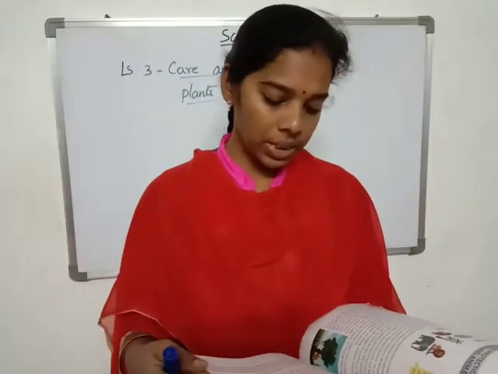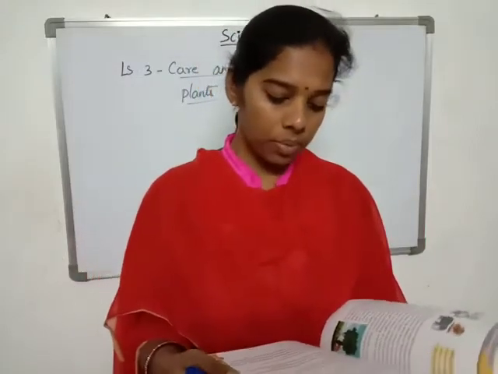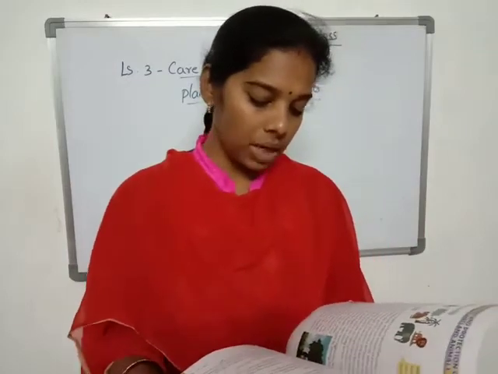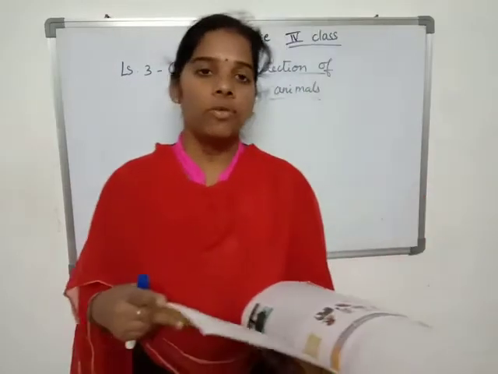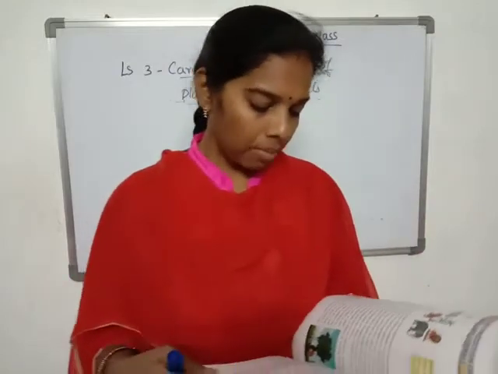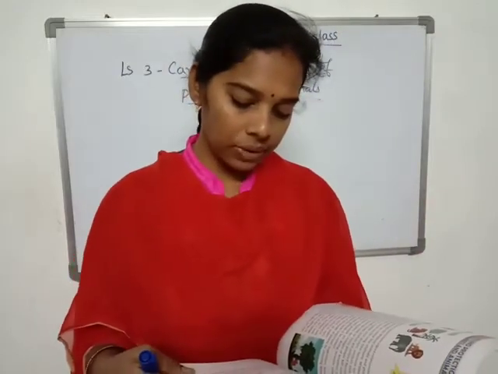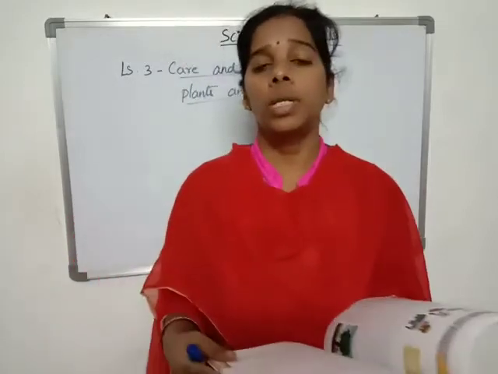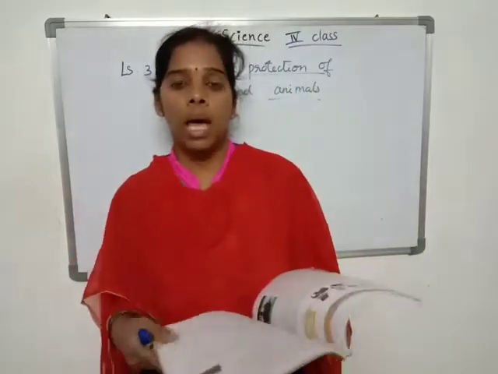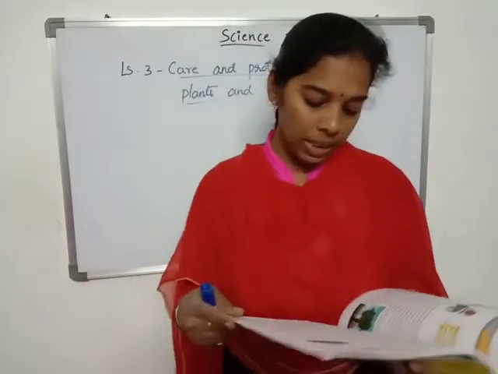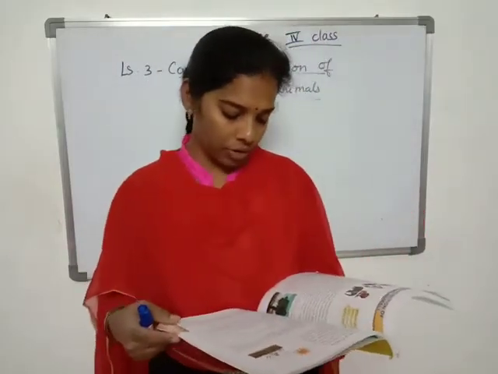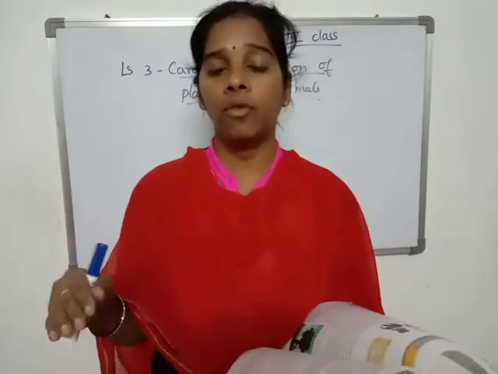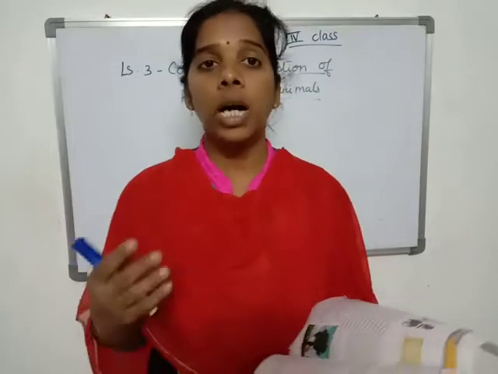So let us see how to protect the forest. Forests not only give shelter to many animals, but they also provide us with useful medicinal plants, wood, etc. We are destroying the forest, so we should stop it. We cut down trees to provide space for building new towns and industries, and houses. We clear land for irrigation to grow more food, so we are using the forest for agriculture.